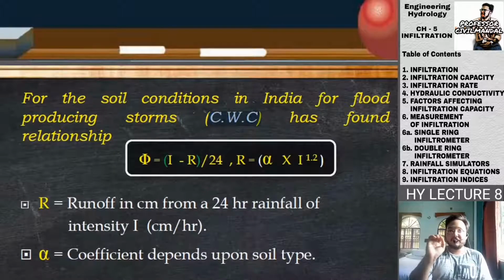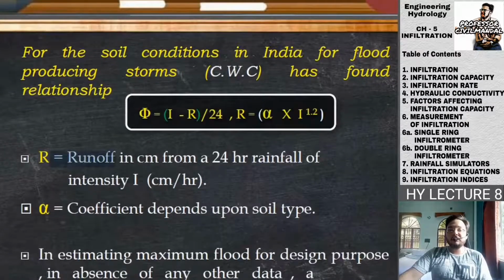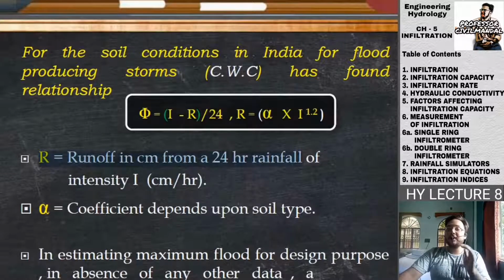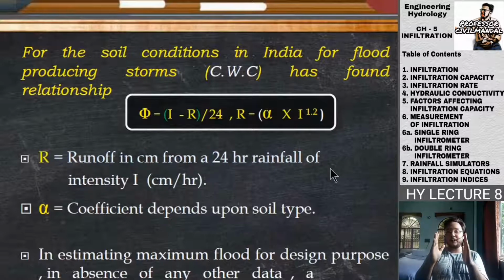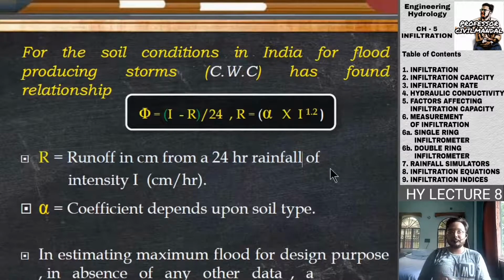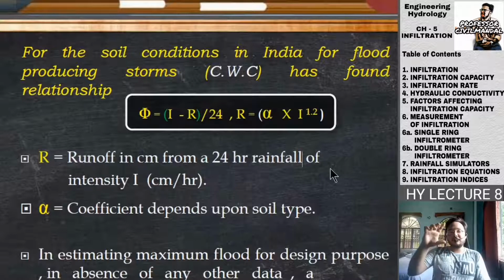In this, R is the runoff in centimeter of a 24-hour rainfall of intensity I. So I is the intensity of the rainfall in centimeter per hour, and R is the runoff in centimeter for 24 hours of rainfall. So this has to be measured in a period of 24 hours. Okay, so I is the rainfall.